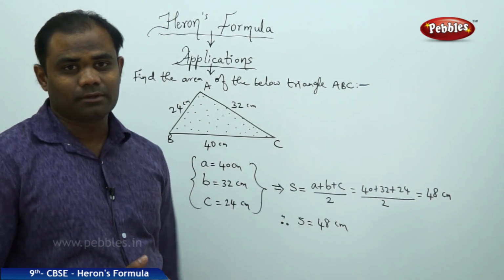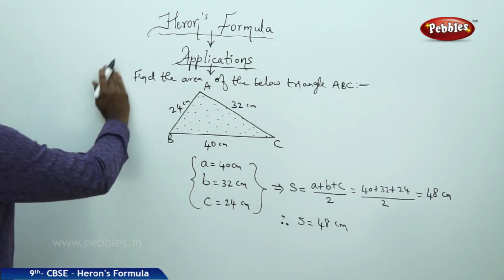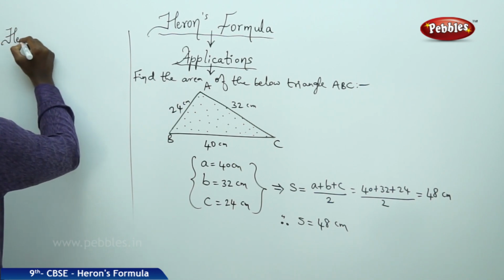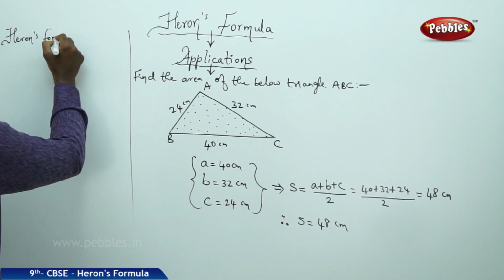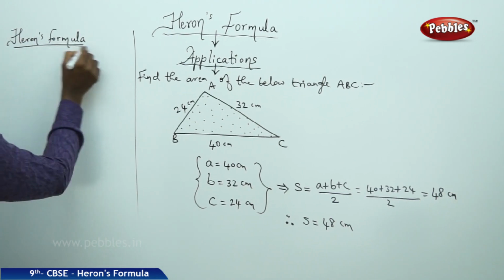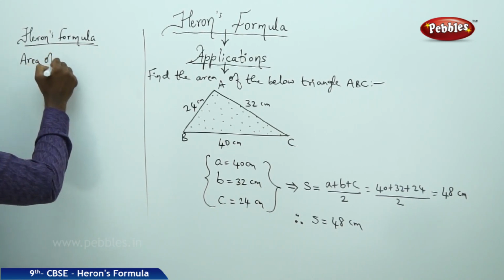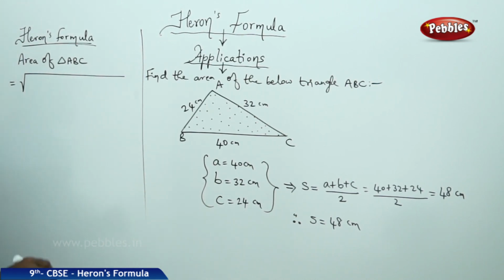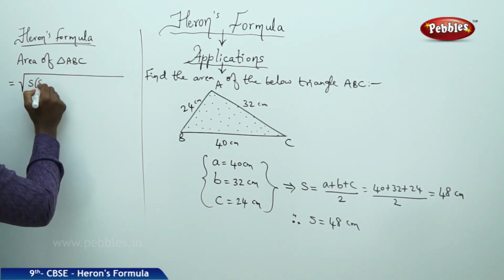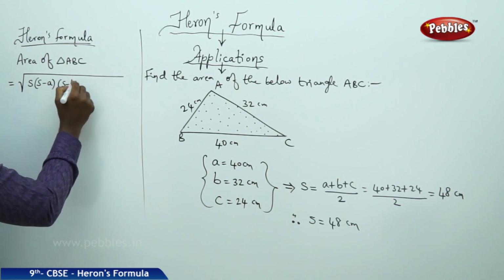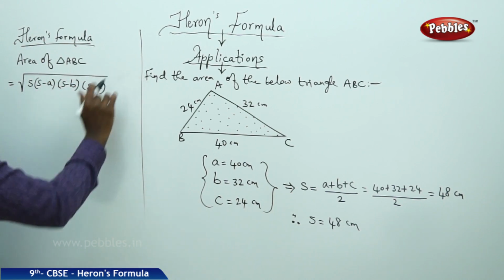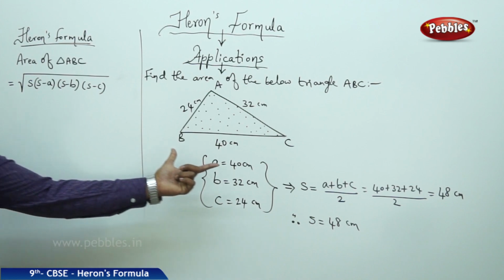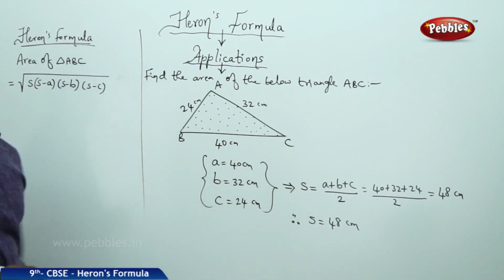So let's see how we can apply Heron's formula. So let's get back to Heron's formula, which says that area of triangle ABC is given by root of S into S minus A into S minus B into S minus C. And with this formula, let's substitute each of S, A, B and C into the formula.